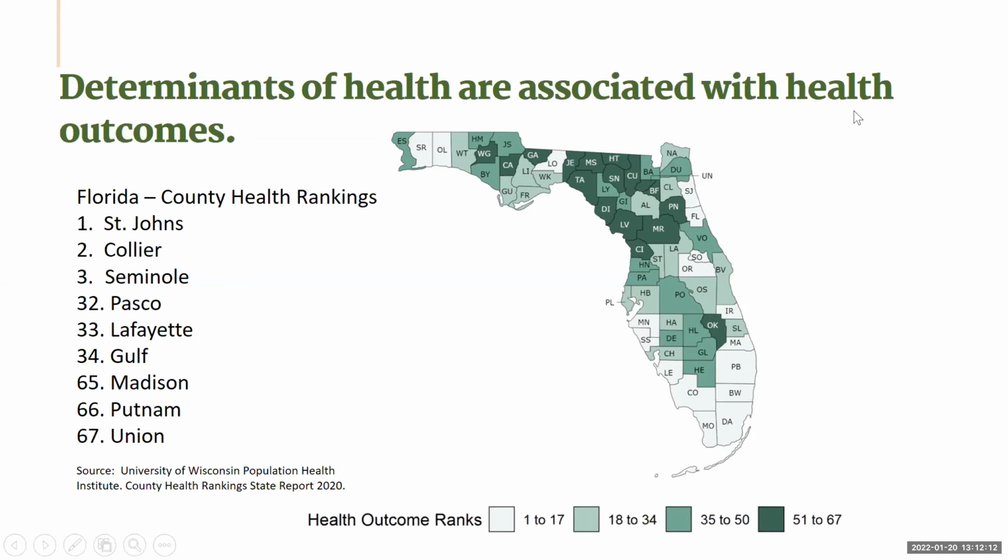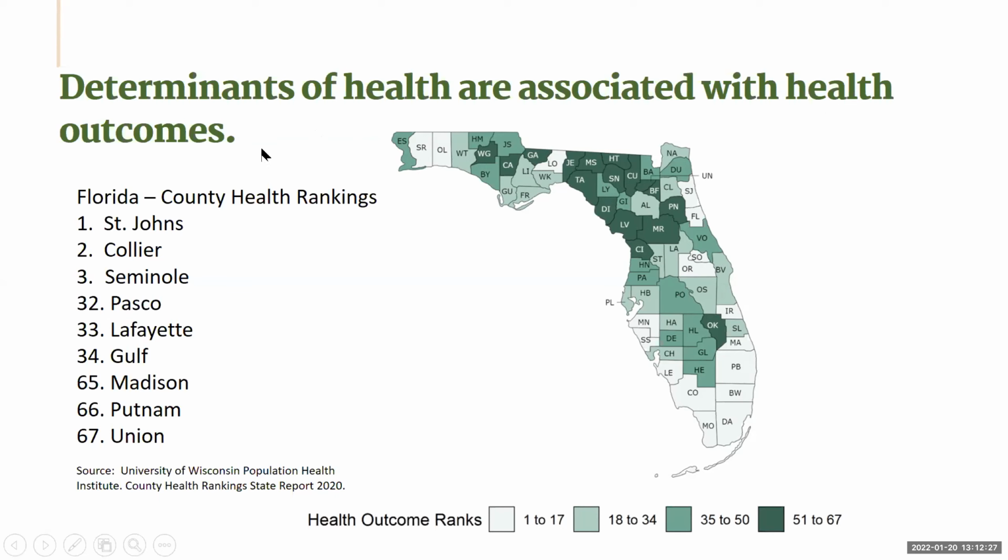The way that health outcome is measured here is through a combination of risk factors, but for health outcomes, they primarily look at life expectancy and quality of life.